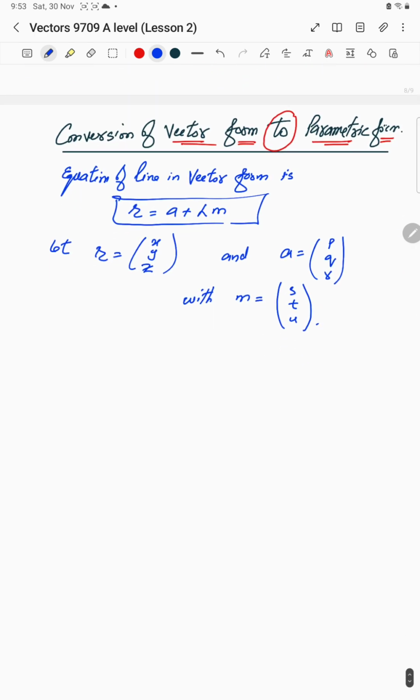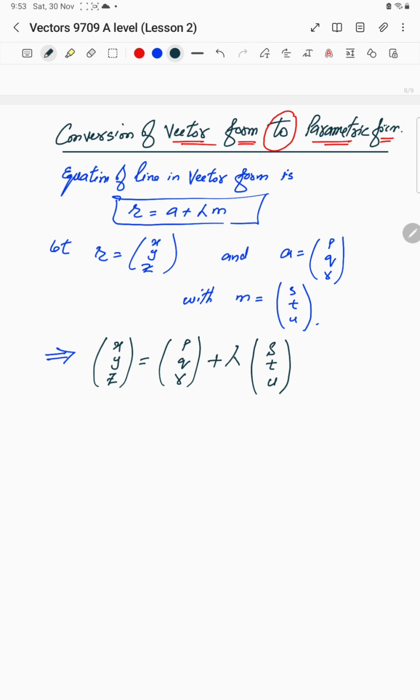Then we will have this form. In place of r, we get x, y, and z. The point is p, q, and r, plus the parameter lambda or mu, whatever you want to write, times s, t, and u.